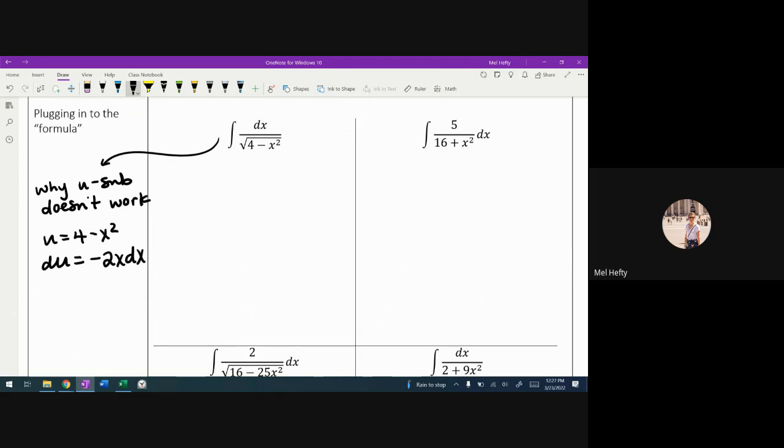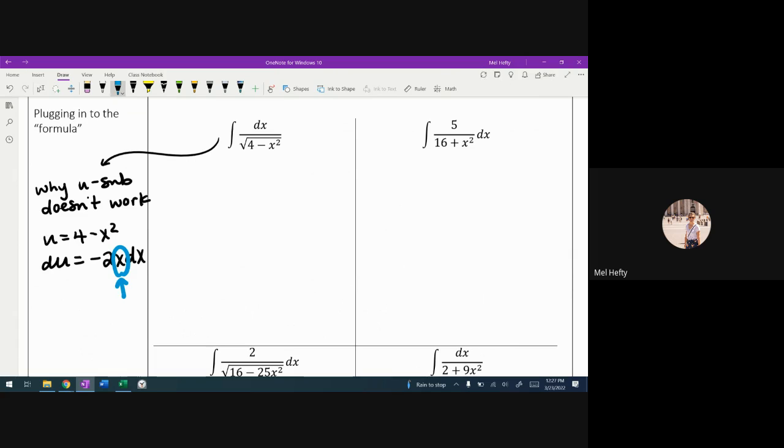Perfect, negative 2x. Now I can deal with that negative 2 all day, but this x is an absolute problem. We had questions last class where we had an extra x in the integral that we could solve our u equation for. If our extra x is here, there is nothing we can do to remedy that.